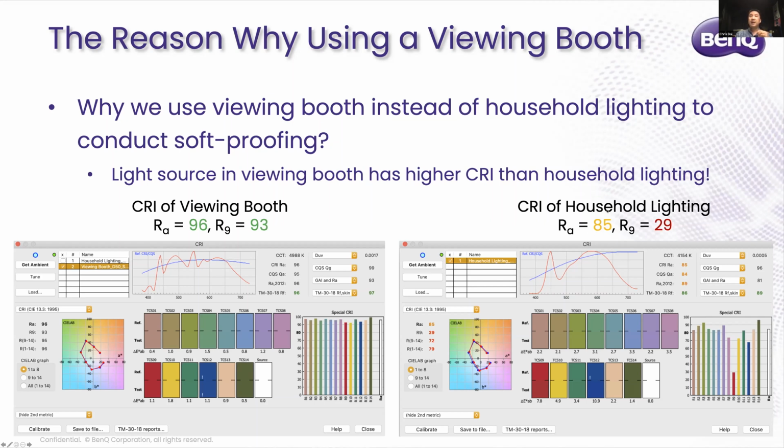The RA gives us 85, which is okay, it's not that bad, but the R9 gives us 29, which is not really good, because when we look at our skin under household lighting, you will see a yellowish skin tone, not a really lifelike skin tone. This is the reason, because LED lighting usually gives you that appearance. So this R9 will be a good indication. But a viewing booth will give you a good color rendition, your skin tone especially, okay?